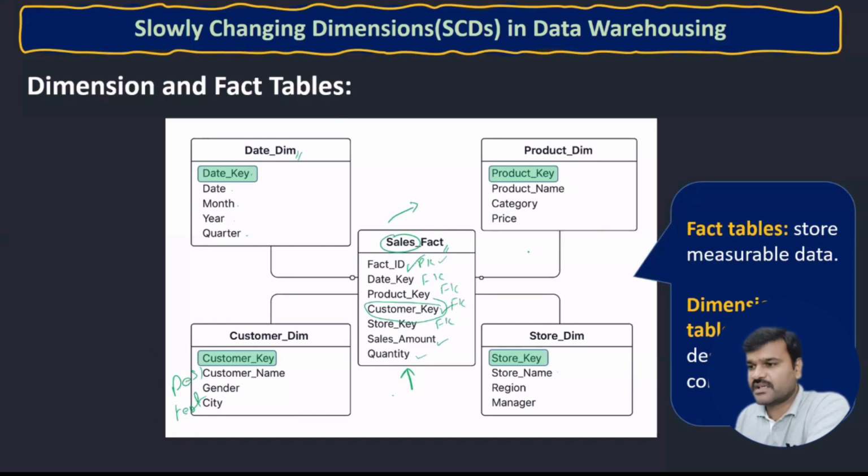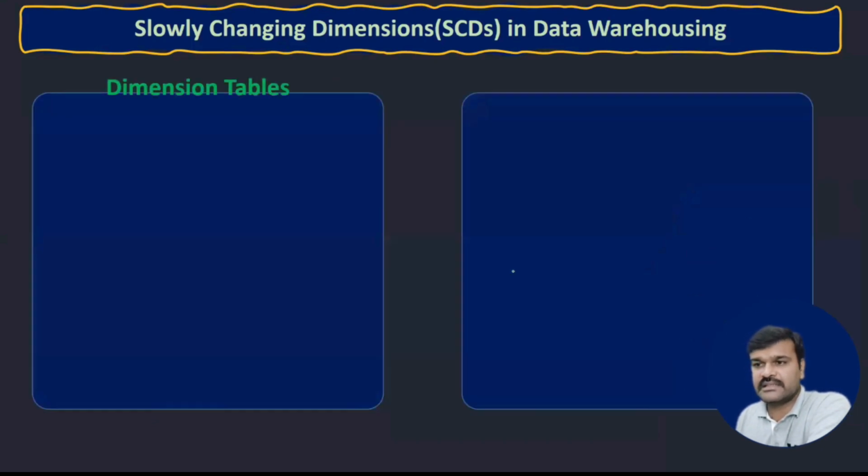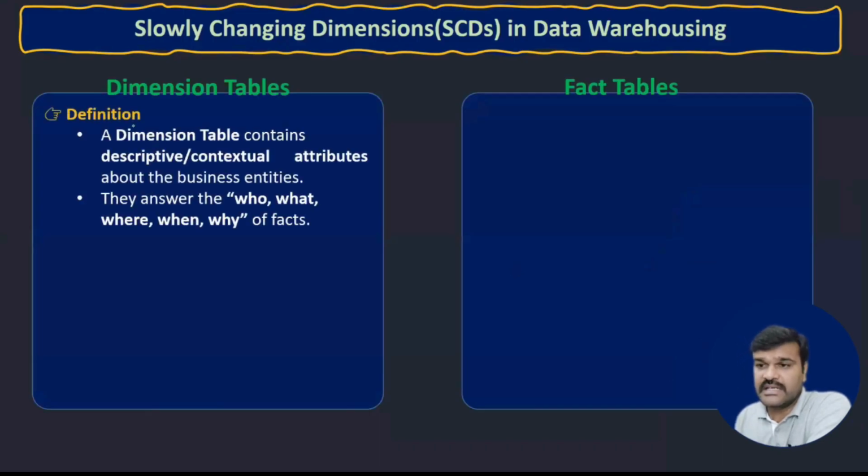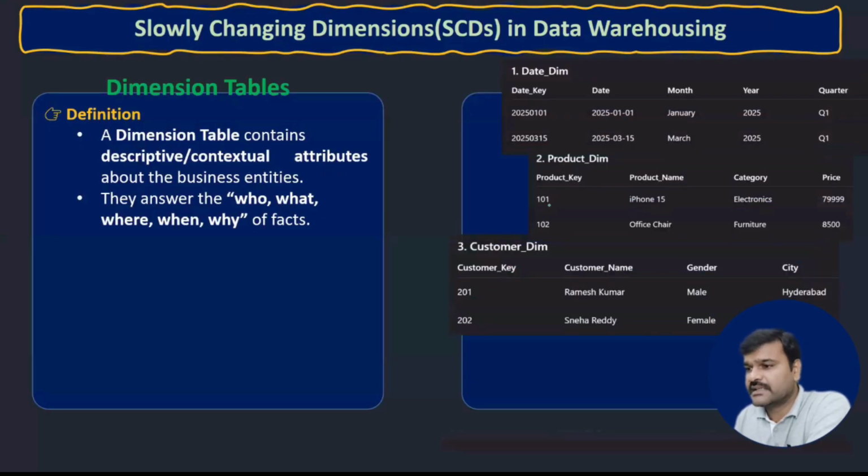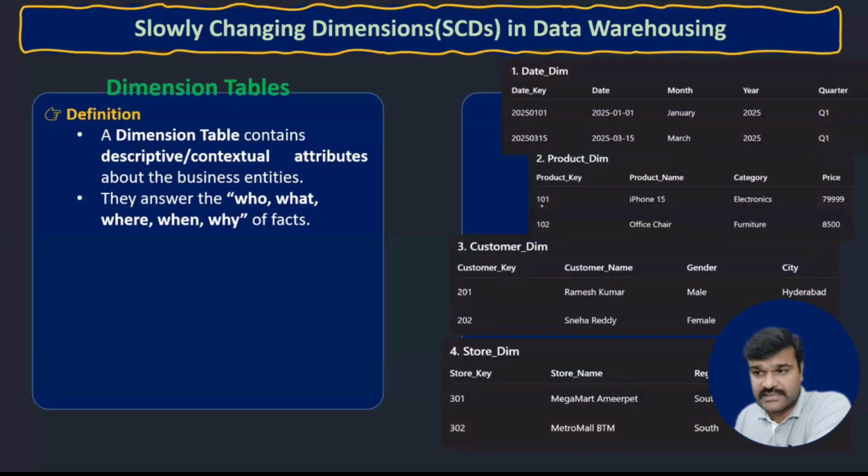If you continue this discussion further, what the dimension tables and fact tables are talking about, if you observe the definition, is simply descriptive contextual attributes. If you take date, product, customer and store data, it is going to give the full information. Who is the so-and-so customer?